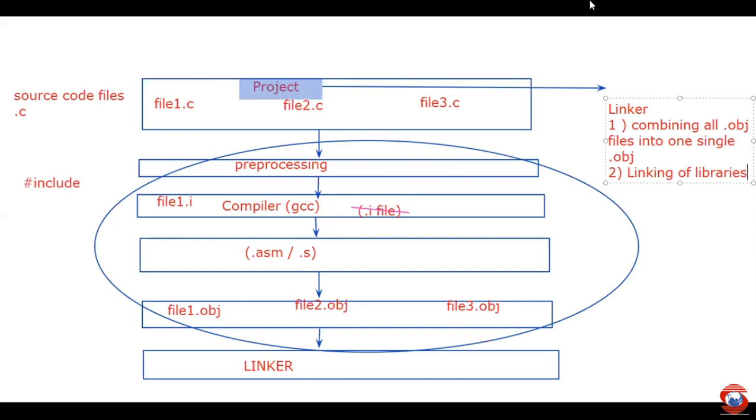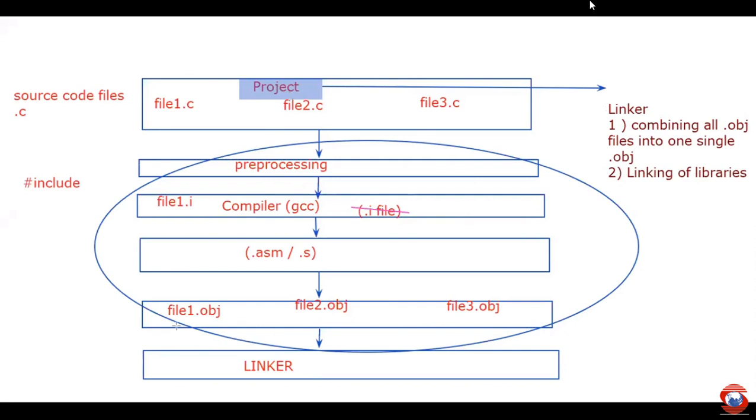When I'm talking about linker, the linker will combine all .obj files into one single obj. Till now, in the VS Code we wrote, there was only one file, so only one .obj was created, and only one exe was created. Till here I have no problem. But if I have a project which will have multiple obj files, linker will combine all these obj files together.